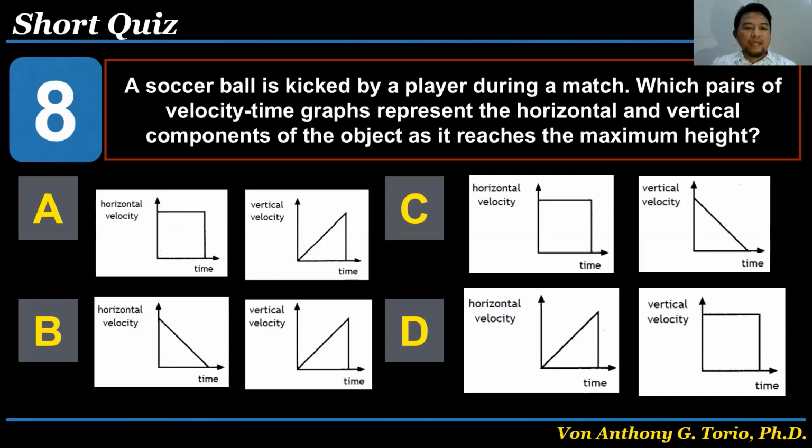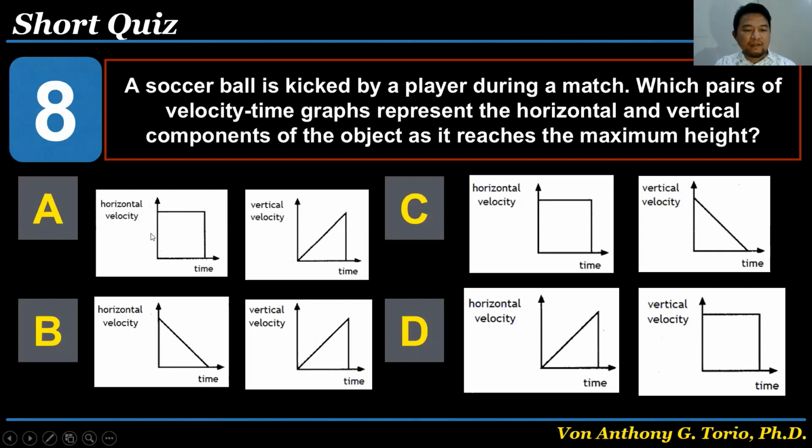Item 8. A soccer ball is kicked by a player during a match. Which pairs of velocity versus time graphs represent the horizontal and vertical components of the object as it reaches the maximum height? A, look at this graph for velocity versus time.